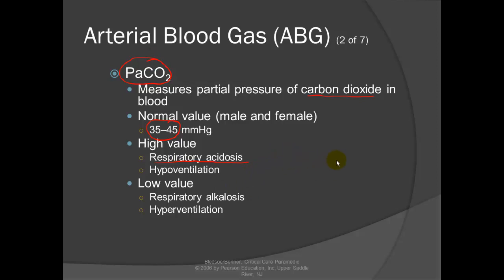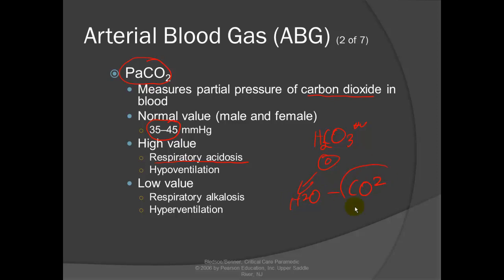That thing that I showed you in the last slide set, which was carbonic anhydrase, red blood cell bicarbonate, picks up an extra hydrogen molecule. This is carbonic acid. It gets broken down to water and CO2.